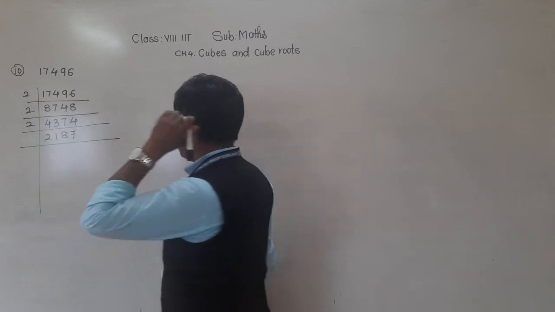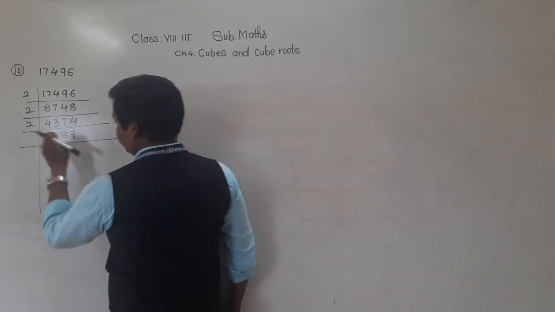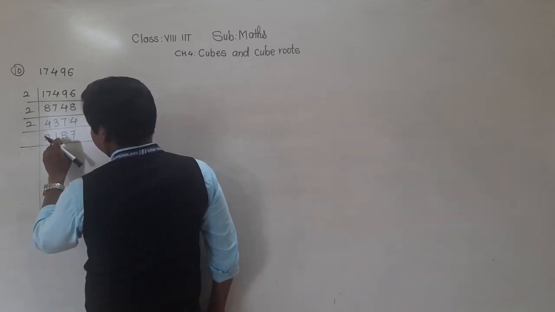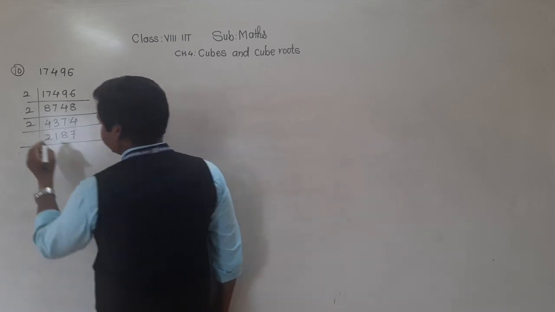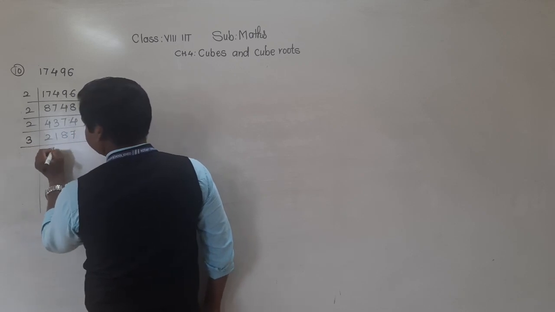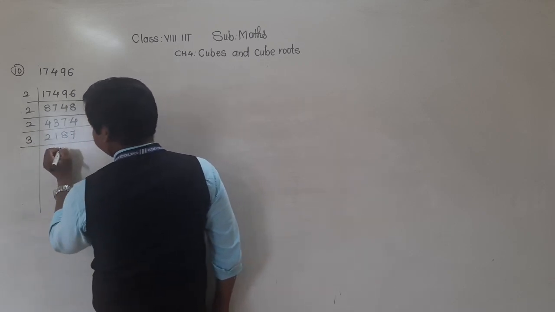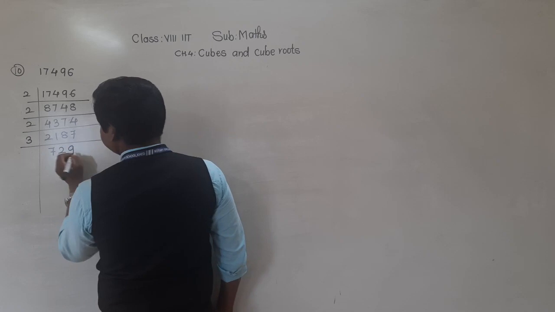Now it is not divisible by 2. 8 plus 2 is 10, and 8 is 18. It is divisible by 3. 3 7s are 21, 3 2s are 6, 3 9s are 27.